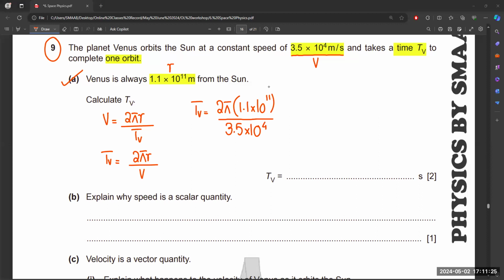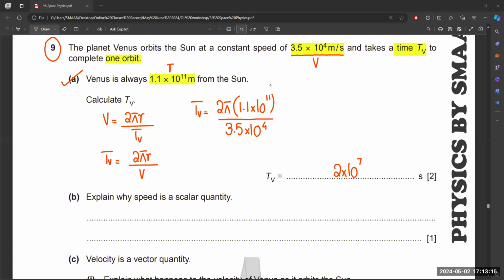So this is the formula, right? You are getting an answer of the order of 10^7, right? So the time is in seconds. So in the first part, we calculated the time period.